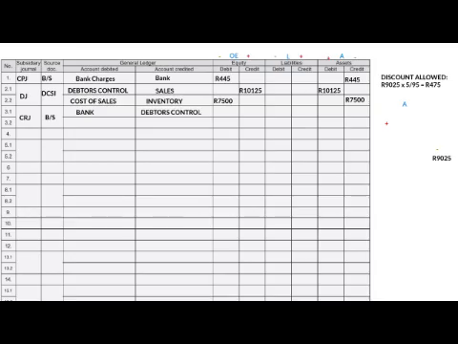We said they're both an asset, so it will be 9025 on the debit side as well as 9025 in the credit side. But then this transaction had a second part to it. Remember, we allowed this debtor a discount. So the two ledger accounts will be discount allowed and debtors control.